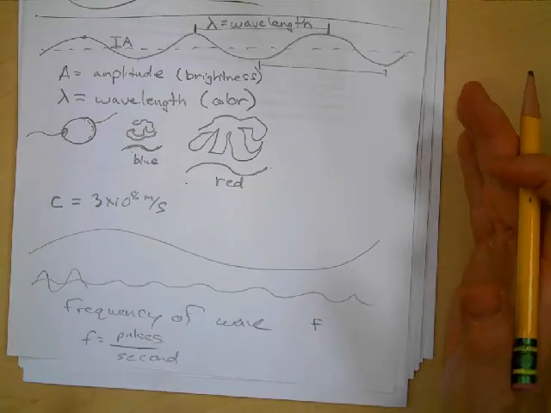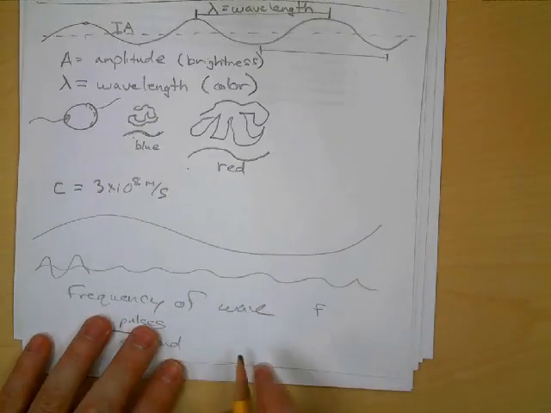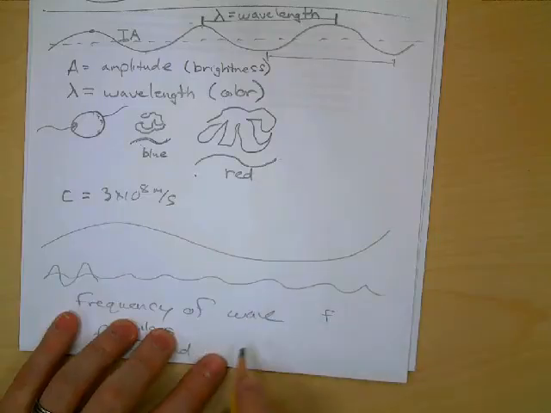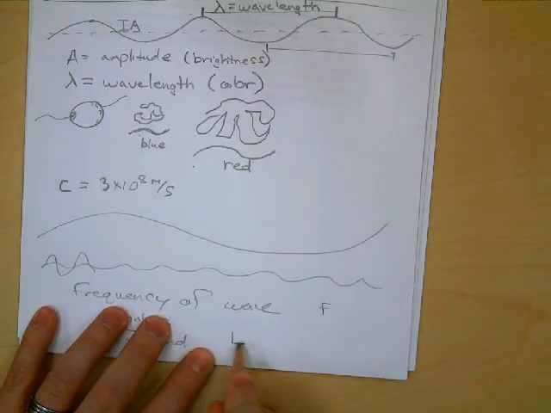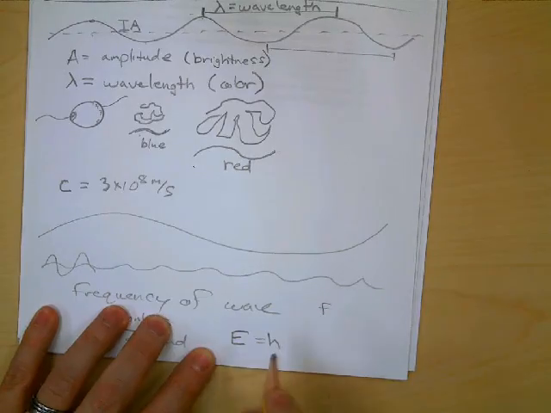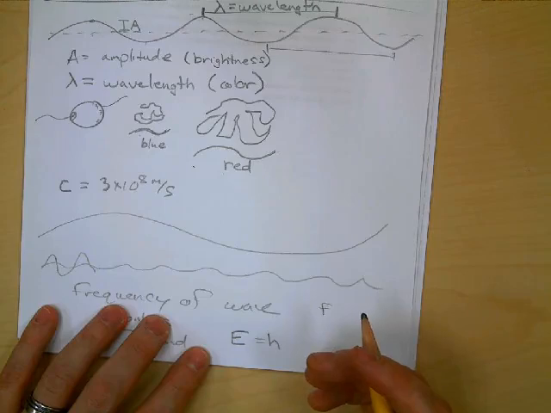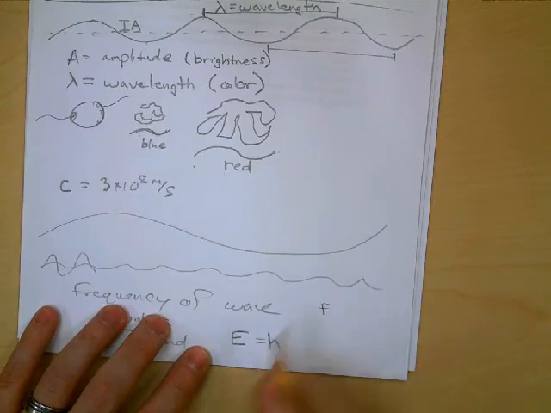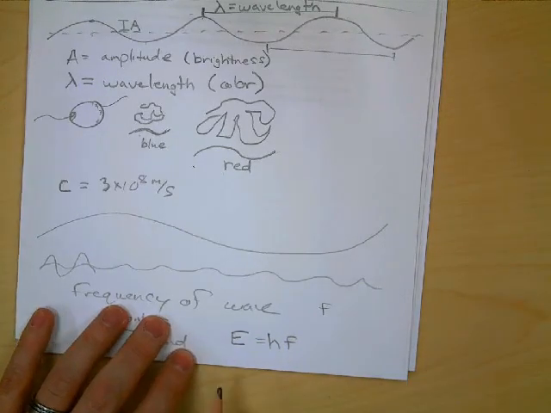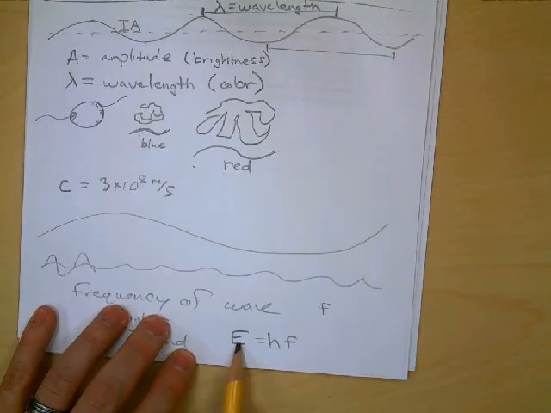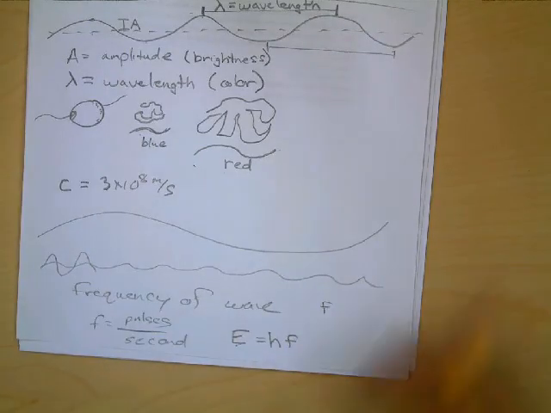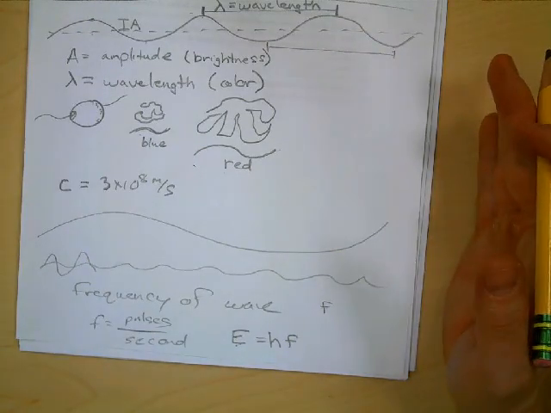And there is an equation for this, which we will probably not solve in this class, but I give it to you anyway: the energy associated with waves is equal to some number h, which is 6.626 times 10 to the minus 26, a very small number, but it is a number, times the frequency. The energy is getting bigger when the frequency gets bigger. Okay? And that will help us understand what I'm about to draw.